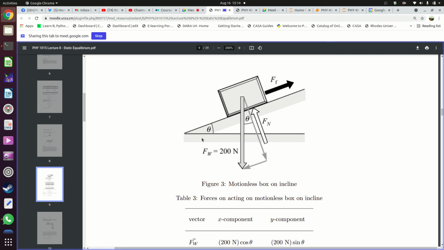No, we can't stick to that, because this thing has been raised by an angle theta. If it is raised by an angle theta, then the component in the x direction is this. This angle theta is the same as this angle theta here. So you can treat this as a triangle. Then this is your x component, which becomes 200 sine theta.